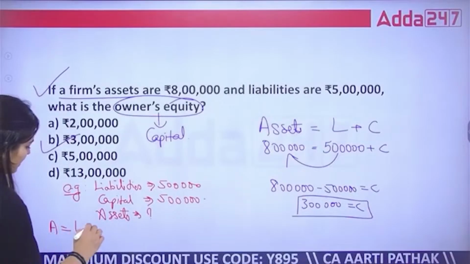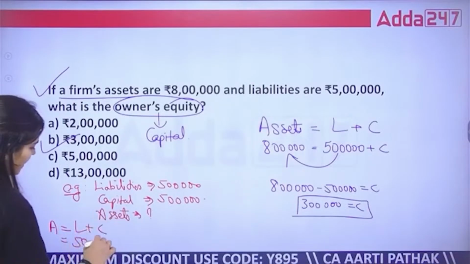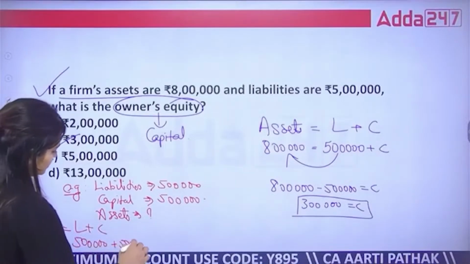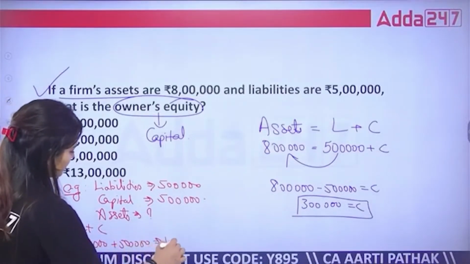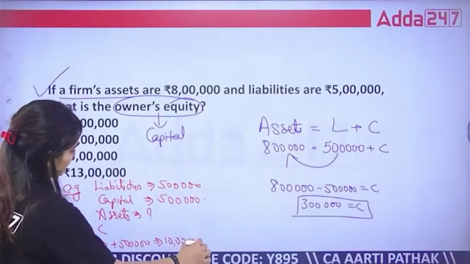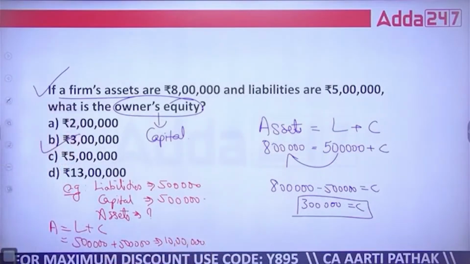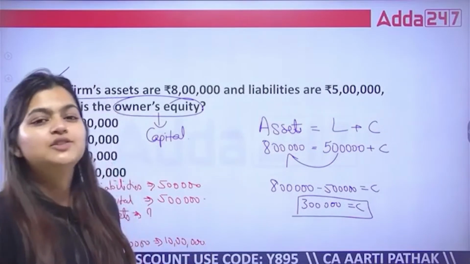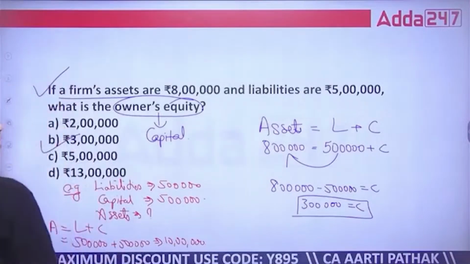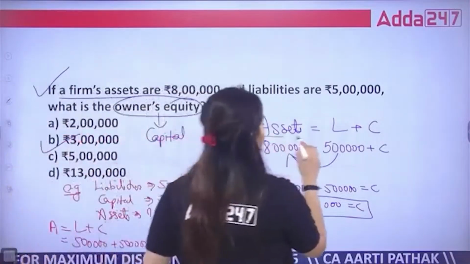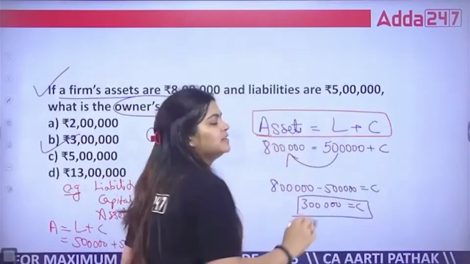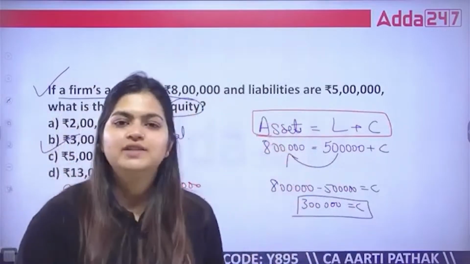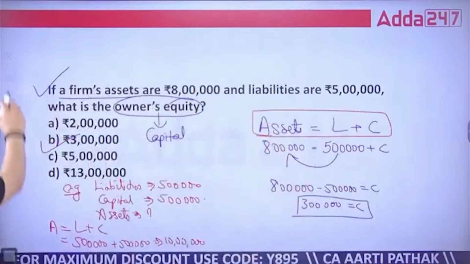Assets equal to liabilities plus capital. Liabilities and capital, 5 lakhs plus 5 lakhs. So assets equal 10 lakhs. Yes, this is a basic equation. If you know this equation, and you know plus minus, this is very easy for you. Correct? Chaliye, coming to the next one.